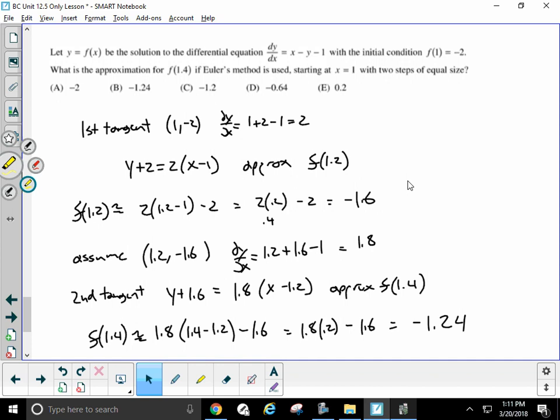Okay, approximate f of 1.4. And you should get negative 1.24.